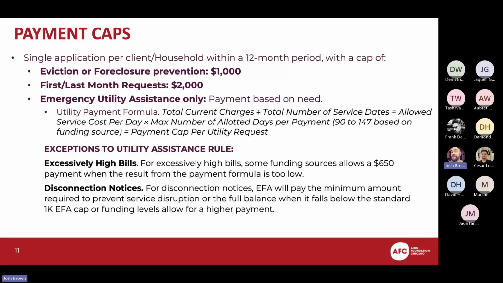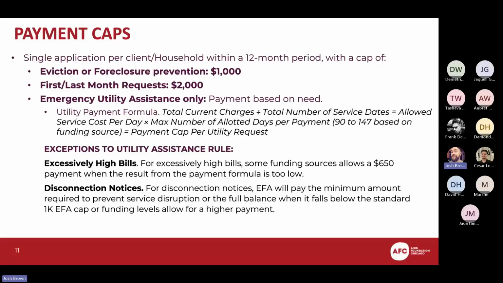Get assistance with all of it. Utility, as you have available. And so you'll see sometimes if there's been a disconnection notice, we are able to use that as evidence for immediate need and increase the limit up to $1,000.